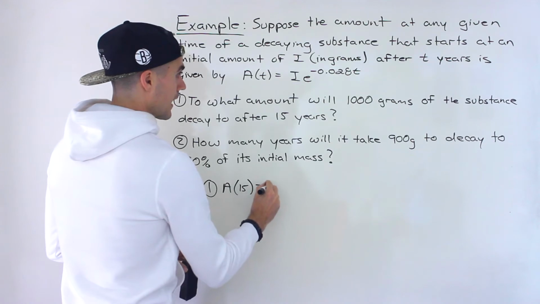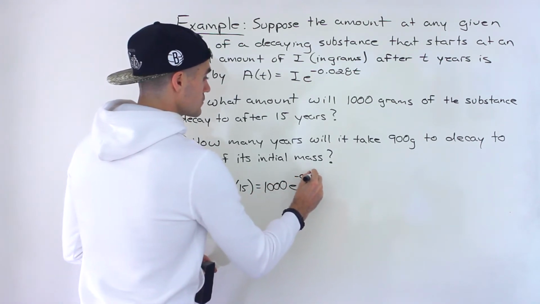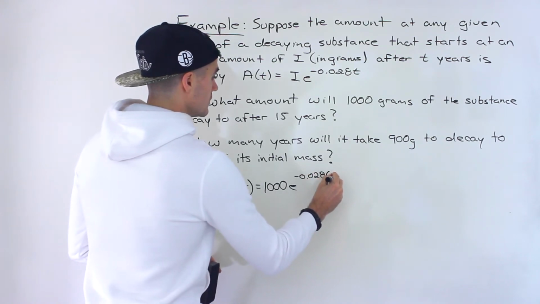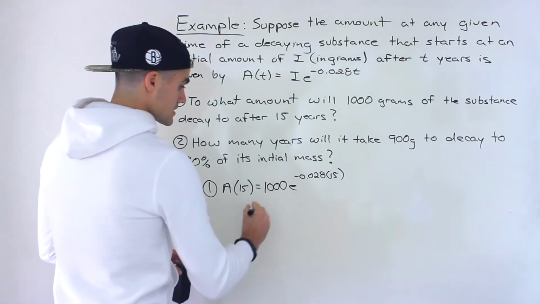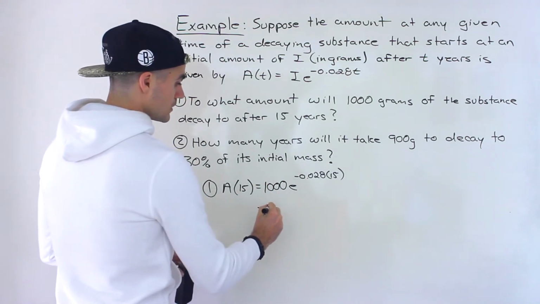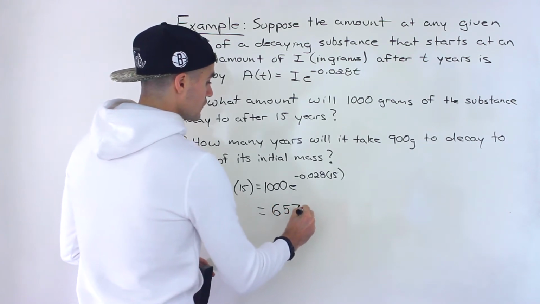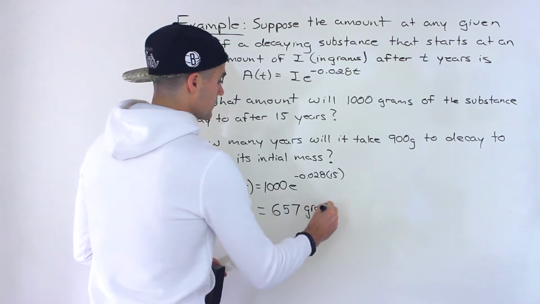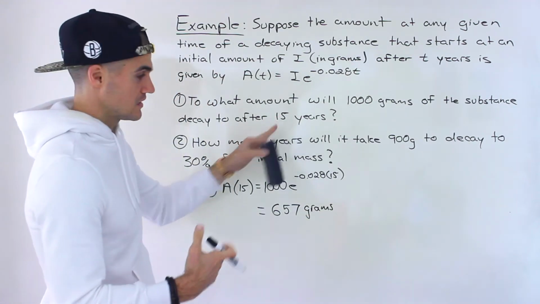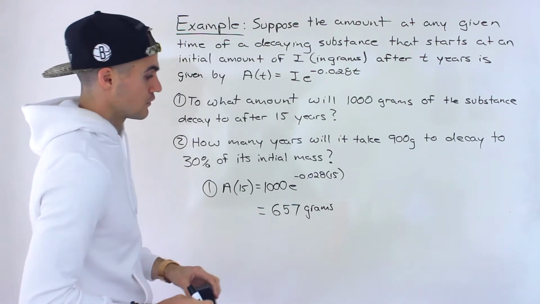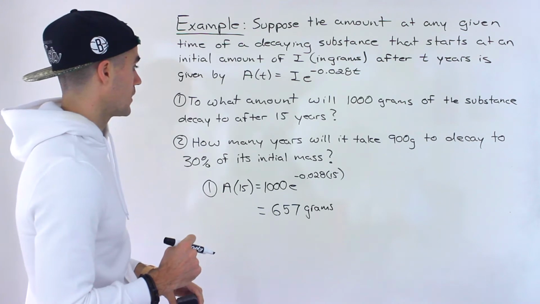We're starting at 1,000 grams, e to the power of negative 0.028 times 15, like that. And when you do this entire calculation, what you would end up getting approximately, if we round to the nearest gram, is 657 grams. So it starts at 1,000, and then after 15 years, it decays to 657 grams. So that's the answer to number one.